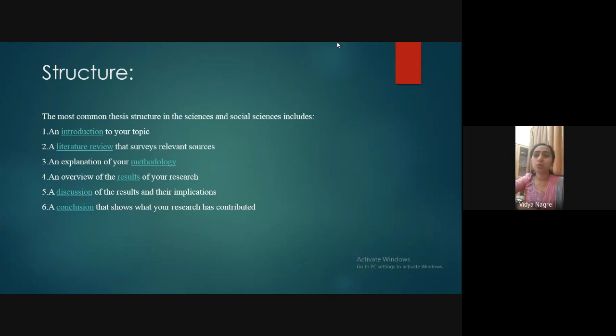For example, chapter 1 is the introduction of your topic, which talks about your research methodology, hypothesis, research problem, aims and objectives. If you have chosen a certain novel or author, or you are undertaking a certain case study, you have to give brief information about that.